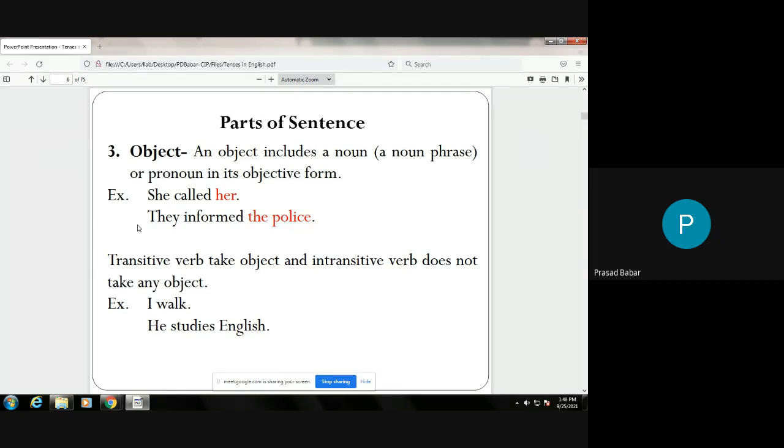In the transitive sentence, there comes object after the verb, and that is why it is called transitive. Intransitive verb does not take any object.